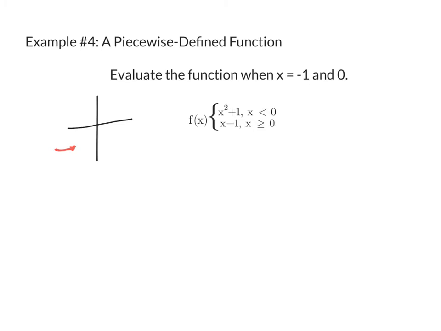And then out of nowhere, it may jump up here, and it's diagonal from here to here. And then somewhere else, it'll drop down and it'll be like a parabola. So these are examples of a piecewise function. They are pieces of different functions that are just on one graph.